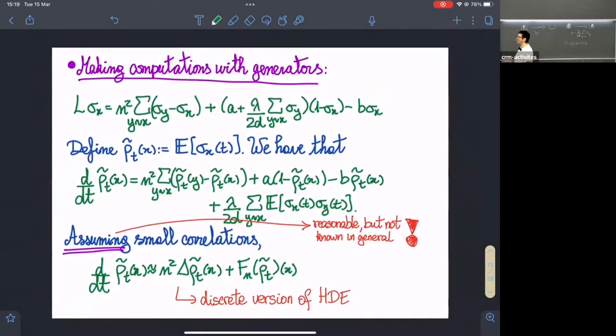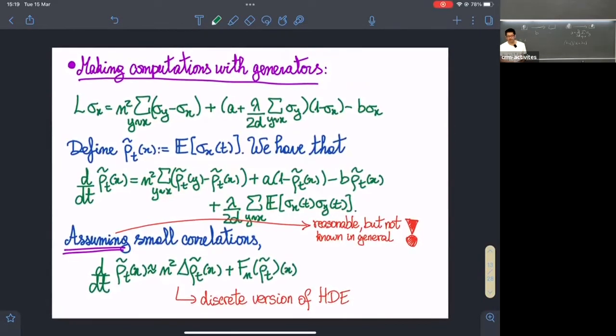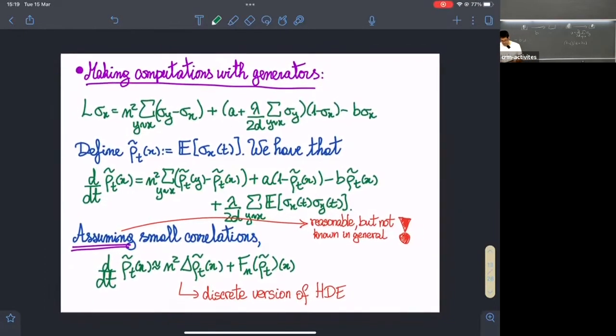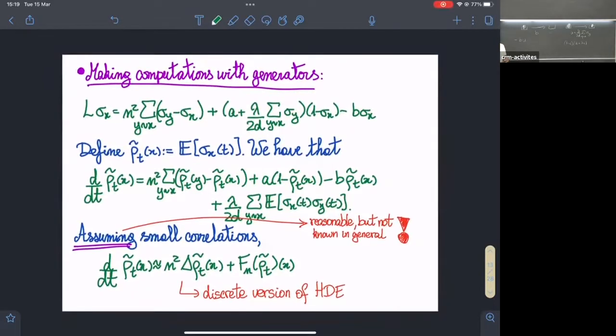Of course, it's not exactly f, because if you assume small correlation, what you get is the product of rho of x and rho of y, not rho of x squared. But if you really believe that the diffusion part is going to regularize things, then these two should be very close as well. So it's really a discrete version of the hydrodynamic equation. This is the way in which you guess what the hydrodynamic equation will be.